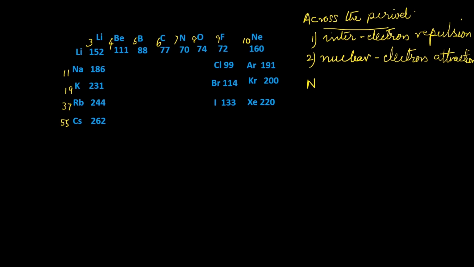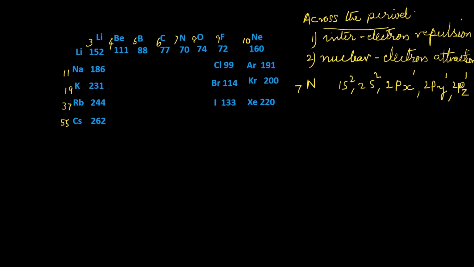This is the electron configuration of nitrogen, atomic number 7: 1s2, 2s2, 2px1, 2py1, 2pz1. So, electron repulsion is much less. The 3 electrons in the p orbital are oriented in 3 different directions.